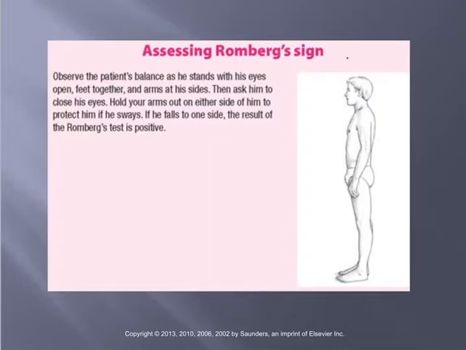Now, what if your patient sways with the eyes closed, but not when the eyes are open? This is still considered a positive Romberg's. It's usually due to proprioception impairment, and that's an awareness of the body's position. If the patient sways with the eyes both open and closed, then the neurological problem is most likely with the cerebral lobe.